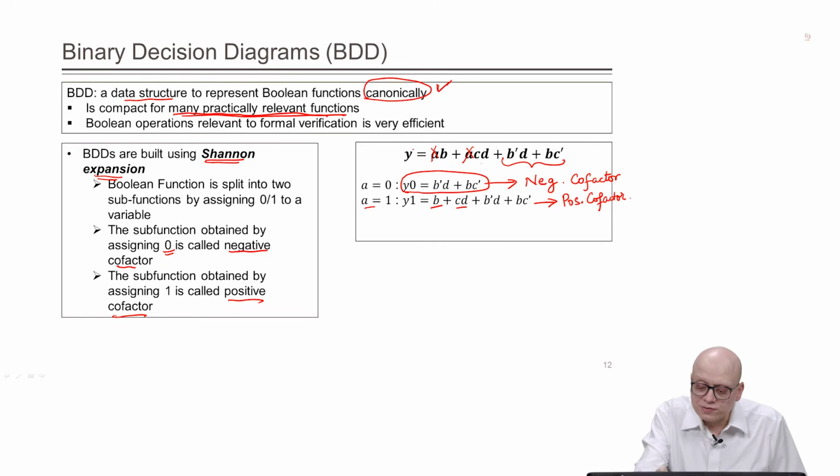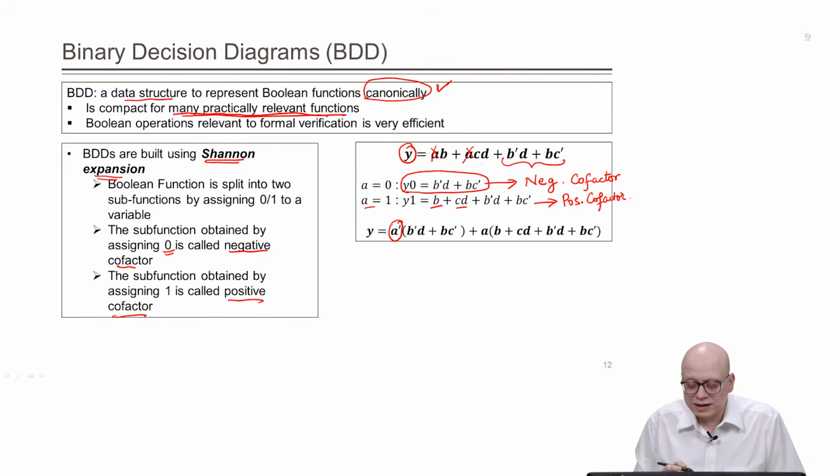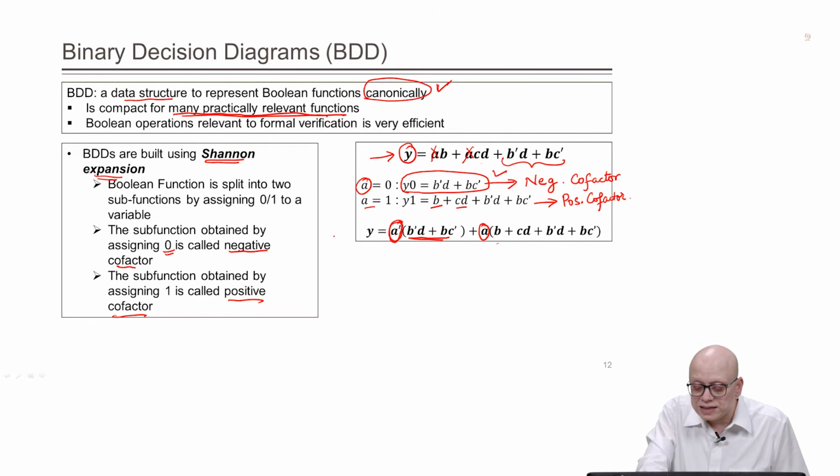And we can write this function y in the expanded form as y equal to a bar into the negative cofactor plus a into the positive cofactor. We have expanded with respect to the variable a, and for the negative cofactor a bar comes in, and for the positive cofactor we take a without taking its complement.